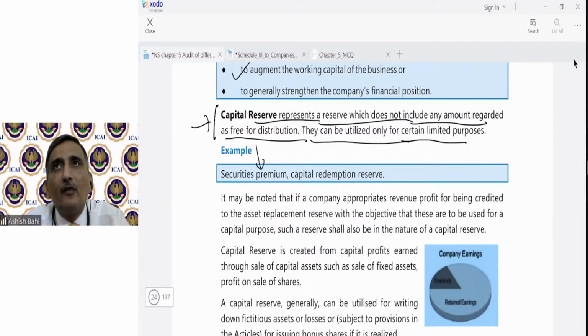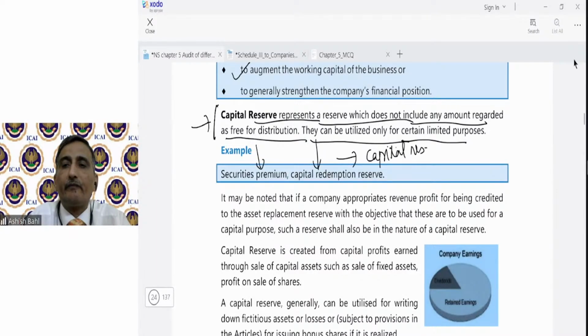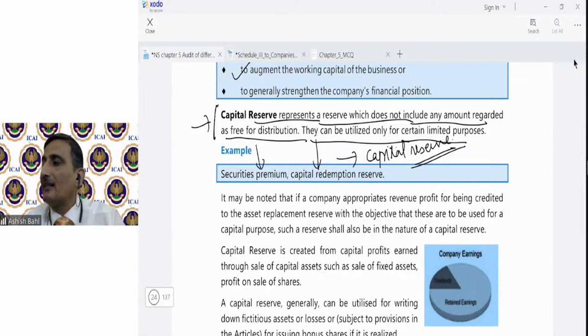We have read how securities premium account can be used in accordance with the Companies Act, only for specific purposes. Capital redemption reserve is also an example of capital reserve.